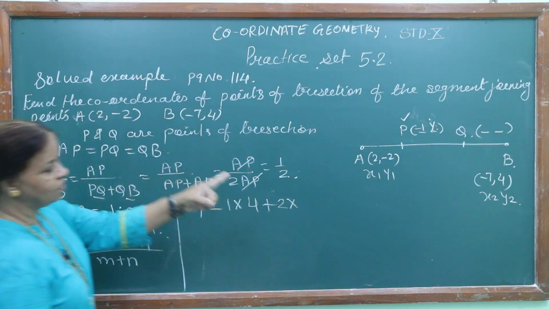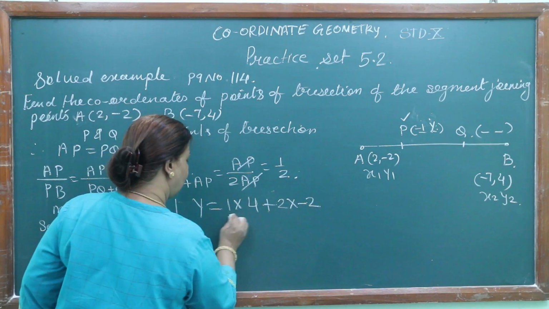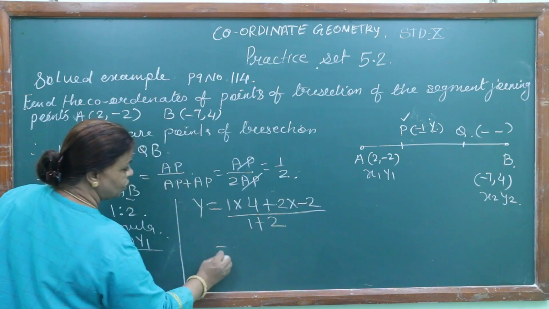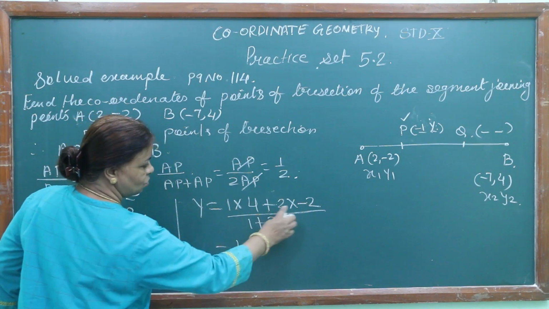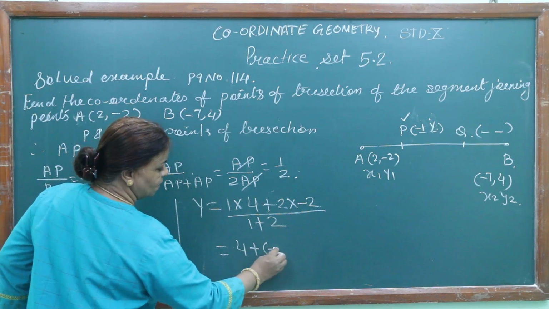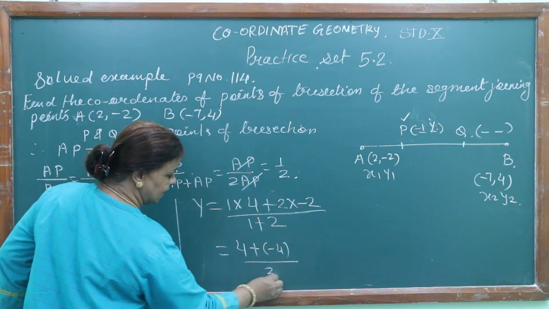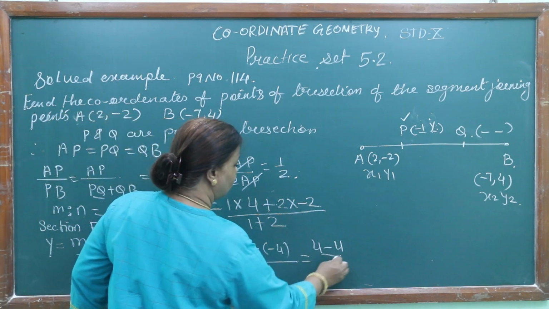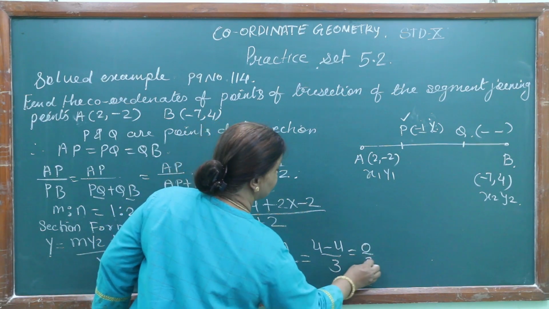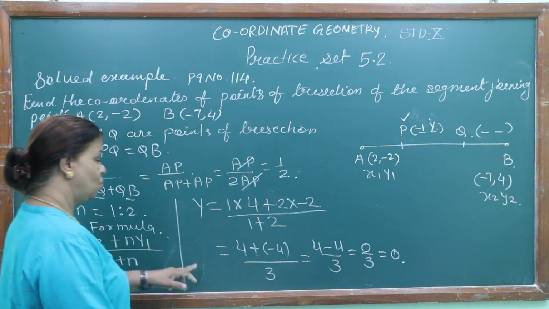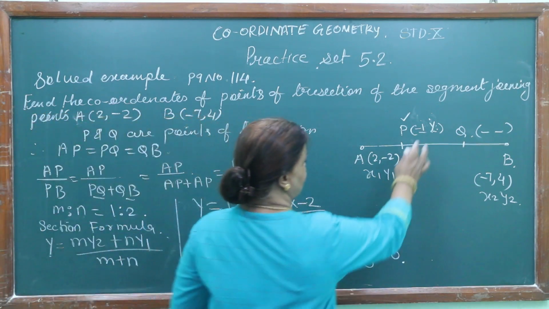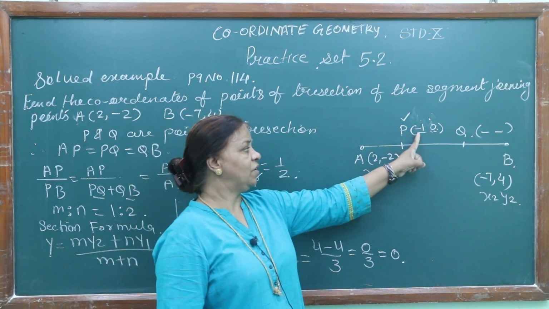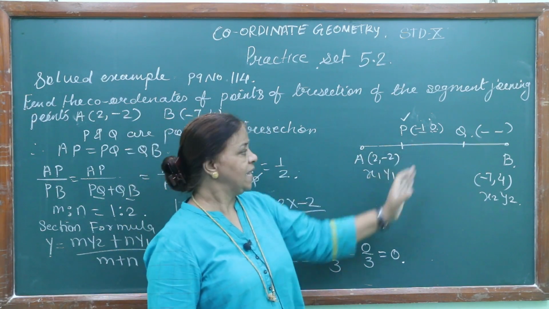And y1 is -2, upon m plus n, that is 1 plus 2, which is equal to 4 plus -4 upon 3. Now plus minus will become minus. 4 minus 4 upon 3 is 0 upon 3, which is 0. So the y coordinate we got is 0. So for point P we got the y coordinate as 0 and the x coordinate as -1.